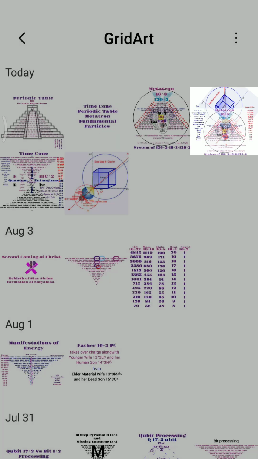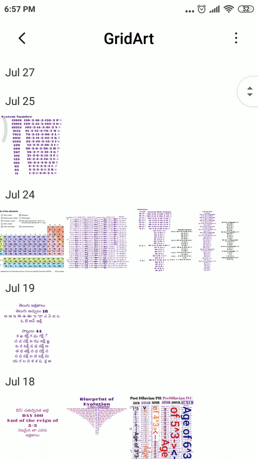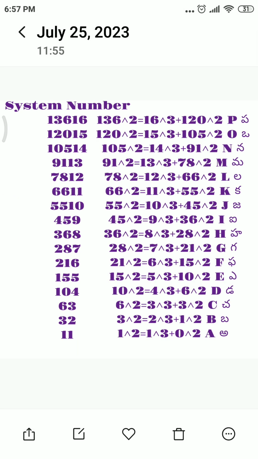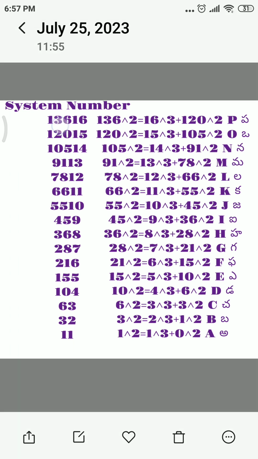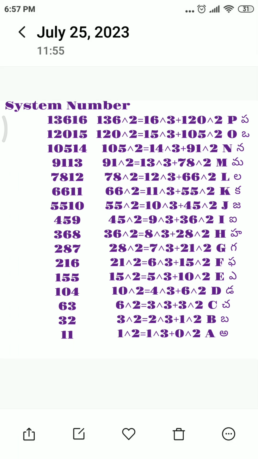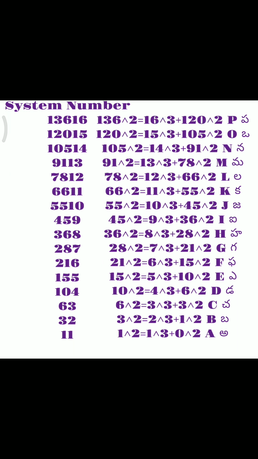If you are wondering, if this is the energy provider for the system, 136 squared is equal to 16 cube plus 120 squared. See, this is the total system.